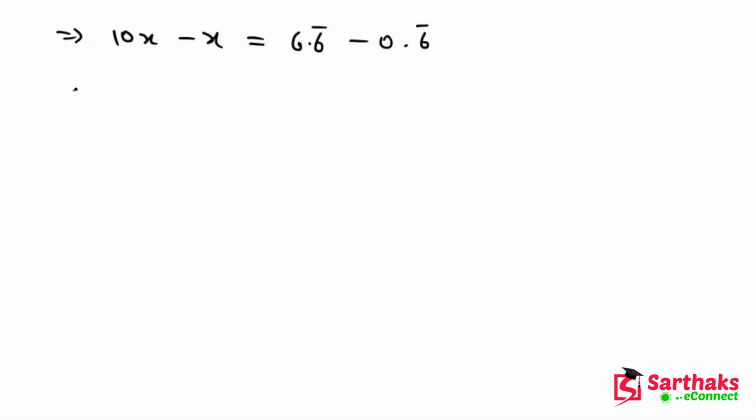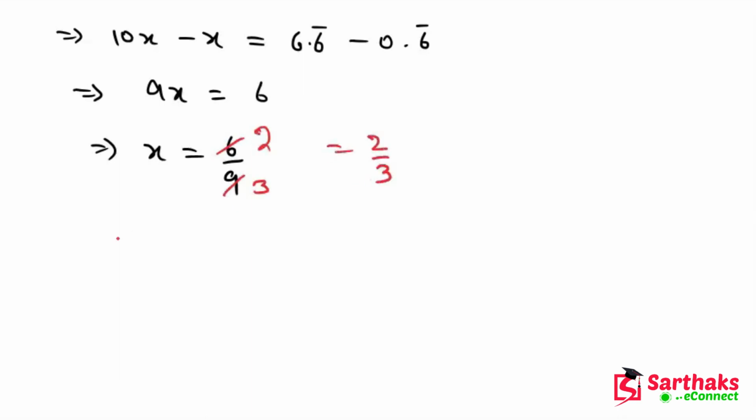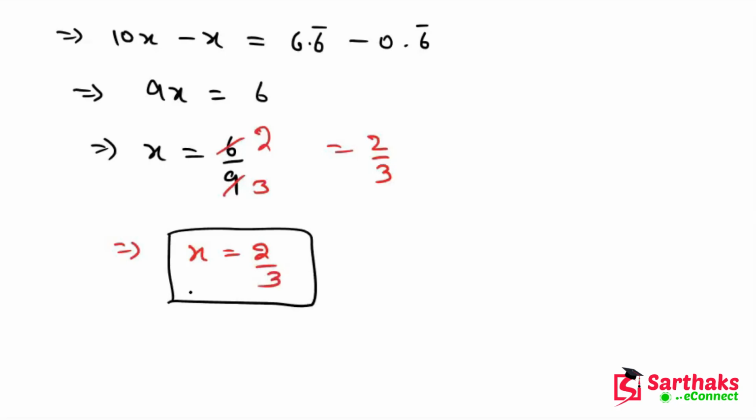Now if we subtract this, we get 9x is equal to 6. So we get x is equal to 6 upon 9, and we have to reduce it into the simplest form. So we get 2 upon 3. So x is equal to 2 upon 3, which is in the form of P upon Q. So this is our required answer.